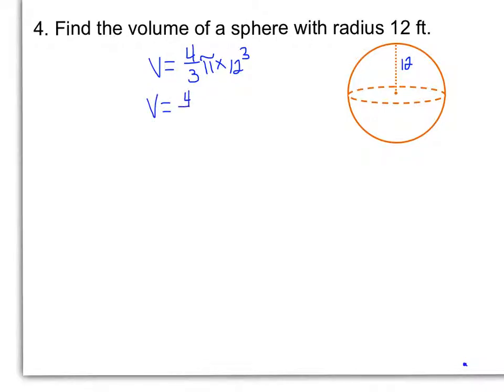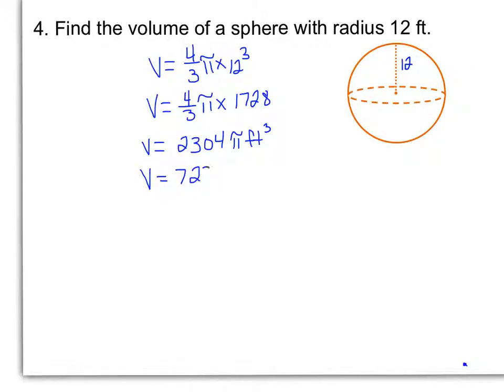So volume equals 4/3 pi times 1,728, which is 2,304 pi feet cubed. And then if we want to round to nearest tenth, that's about 7,238.2 feet cubed. So we can either leave our answer in terms of pi or round to nearest tenth.